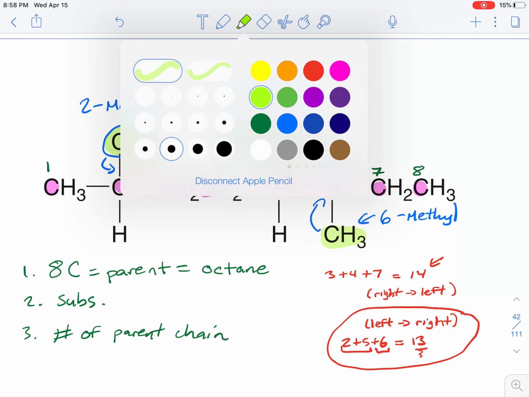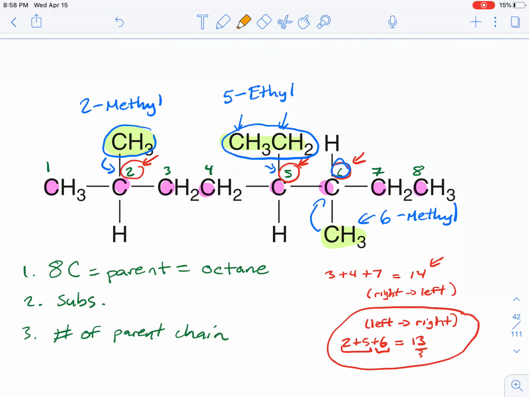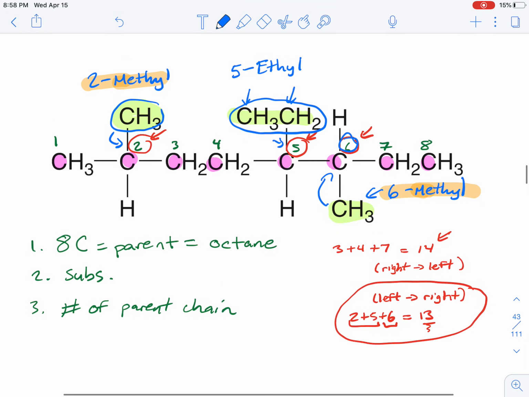And so I realize that I have 2 methyl groups, they're the same thing. And so when I write my final answer, I'm going to combine my methyl groups into just one. Okay? And so I'll have 2,6-dimethyl. Now, there's another problem. When I'm writing my final answer, which substituent do I write first?